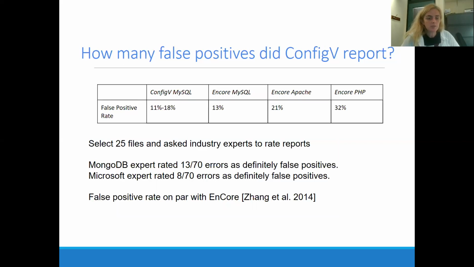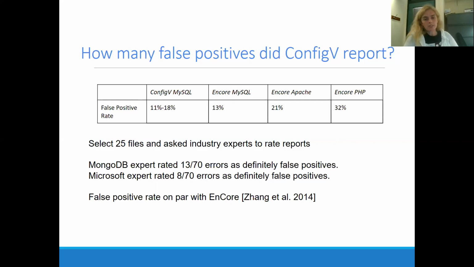It turns out the false positive rate was not even that bad. The MongoDB expert, who was working on distributed configuration files, rated 13 out of 70 errors as false positives, and the Microsoft person rated 8 out of 70.